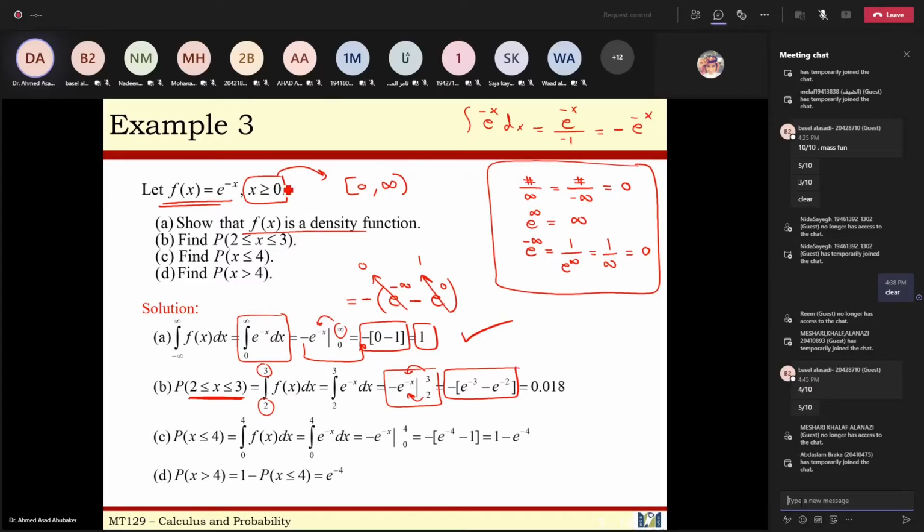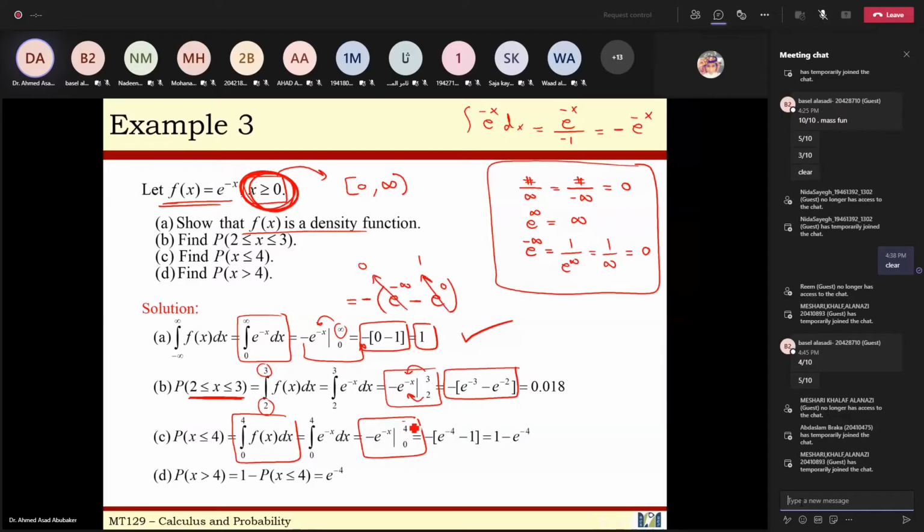But this function's domain is x greater than 0, so from minus infinity to 0, this is 0. So we can find it by the integral from 0 to 4. Substitute 4, substitute 0, so we have this one. This is the final answer after simplifying.